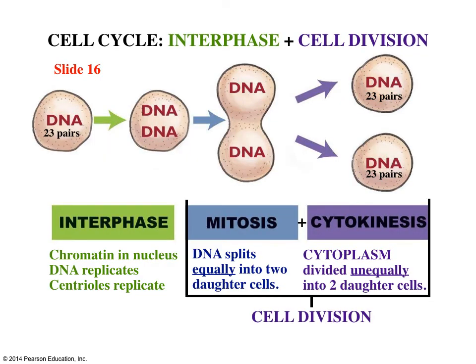In this diagram, you can see that the initial parent cell, with its 23 pairs of chromosomes, has to duplicate those chromosomes or chromatin, and also the centrioles duplicate or replicate prior to cell division. All of this preparation happens in interphase. Then again, when the cell undergoes division, it has two parts to that cell division, mitosis and cytokinesis.